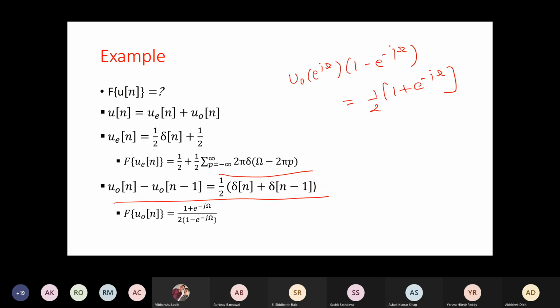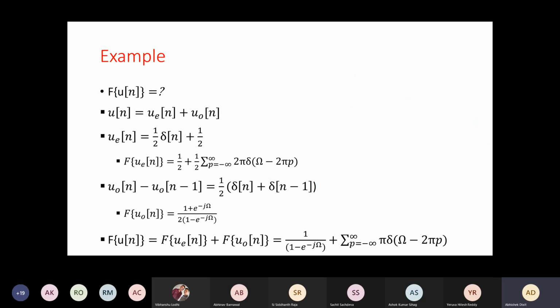So U naught e j omega is simply 1 plus e minus j omega by 2 1 minus e to the power minus j omega. This expression. So the total Fourier transform of UN is this plus this.